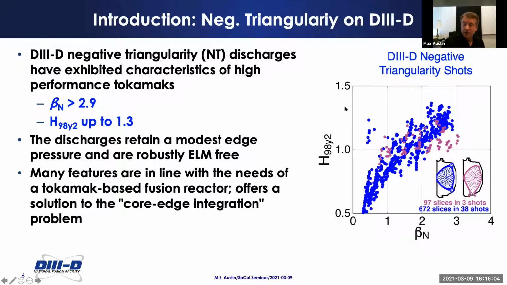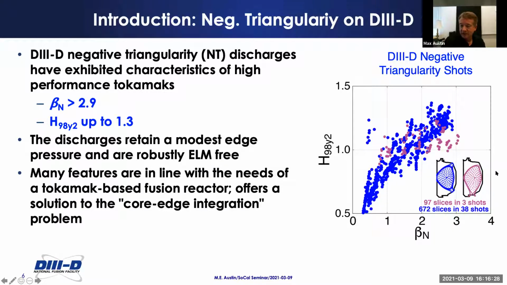Shown on the right here is a plot from a database of negative triangularity shots. This is confinement factor versus beta N for a host of time slices in these discharges, and it shows that these discharges simultaneously attain high beta N with high confinement H factors.